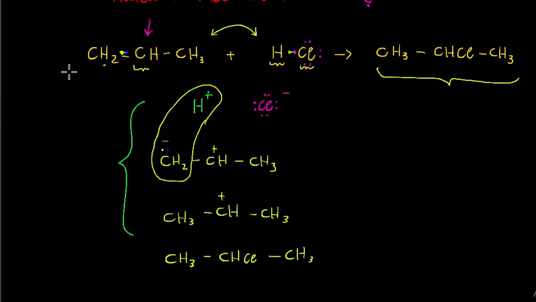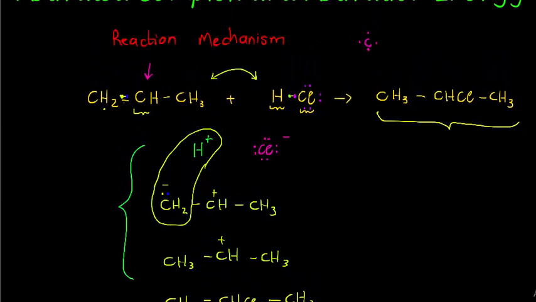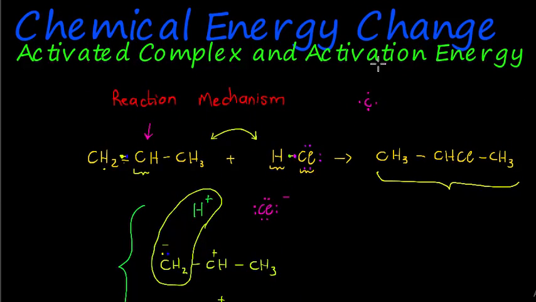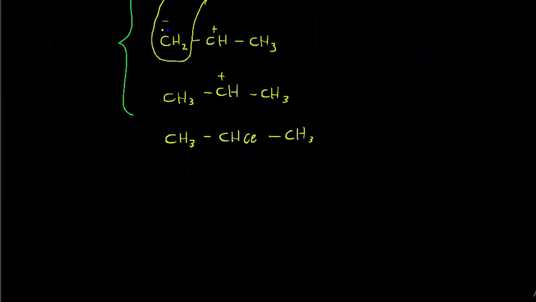Between our reactants and our products, we had a bunch of intermediate products before we got to our final product. Okay, so we've been looking at chemical energy and potential energy that exists in a molecule.